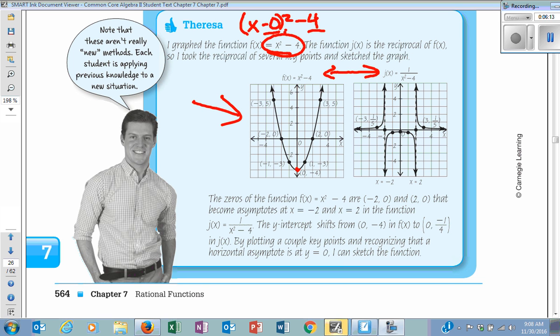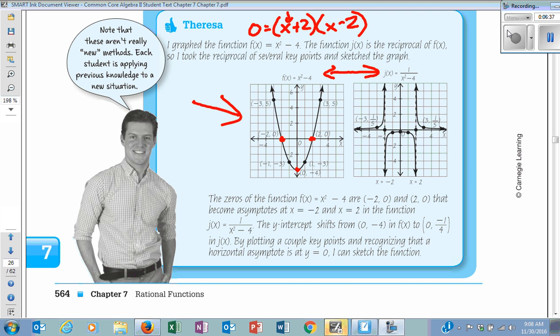She then plotted some very important points. She knew that if she put a 0 in for y, she knew that this would be x plus 2, x minus 2. She knew that the intercepts would be negative 2 and 2, because those make it 0.